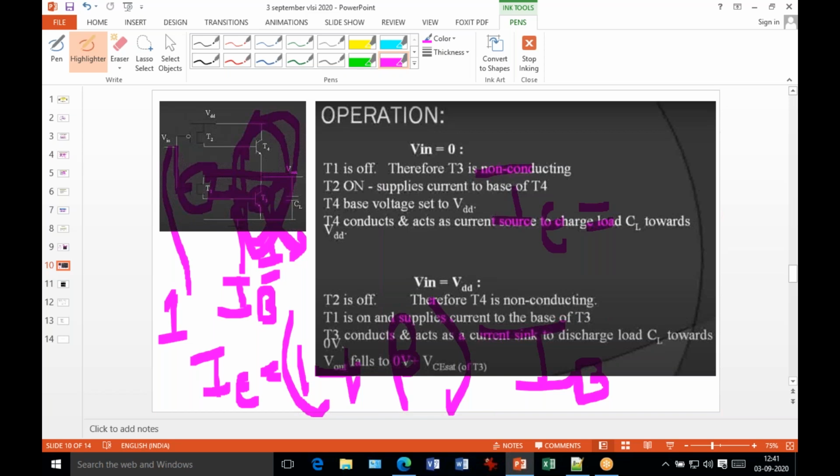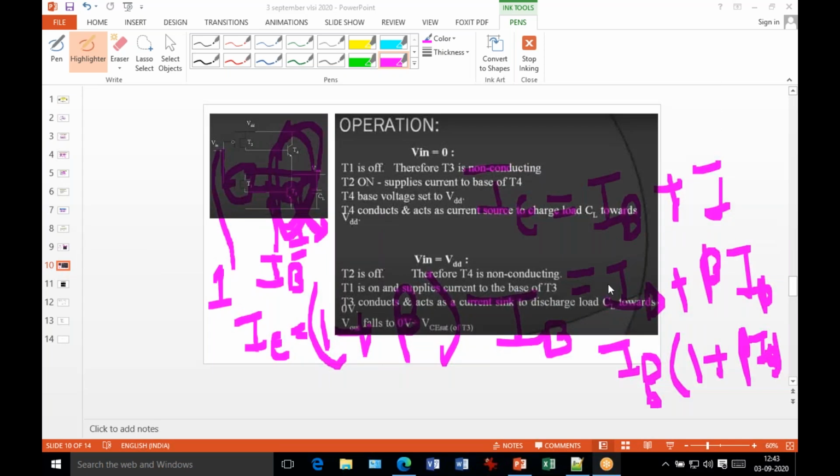The capacitor is fully charged. Bipolar technology is very superior as compared to CMOS technology. But if you talk about the complexity, in the CMOS inverter there are only two transistors, but in case of a BiCMOS inverter, the complexity is high.